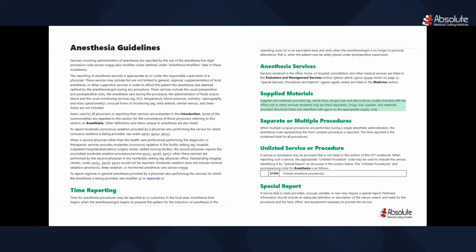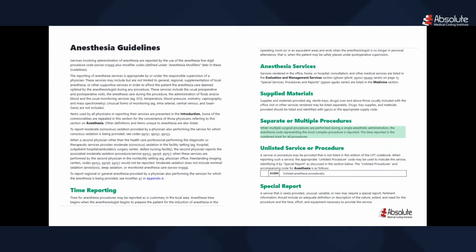Okay, great. And next, let's look at separate or multiple procedure. This is also a good guideline to keep in mind. If more than one surgical procedure is done in the same anesthesia session, you have to follow two rules. Number one, report only one anesthesia CPT code.